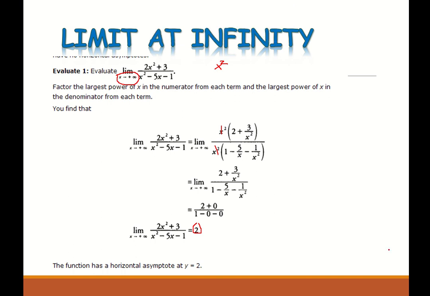Okay, so let's continue. Remember here that the function has a horizontal asymptote at y equal to 2. So if you try to graph this function using the technique of just assuming values for x and then solving for f of x.